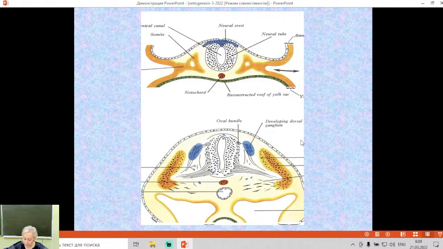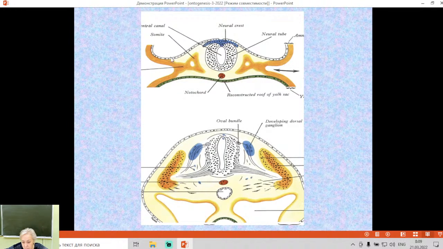After that, the ridges fuse, you see, forming the neural tube. Cell material above the neural tube is called neural crests. You see, blue on this slide. These cells migrate and give rise to different structures of the peripheral nervous system, for example, neural ganglia.